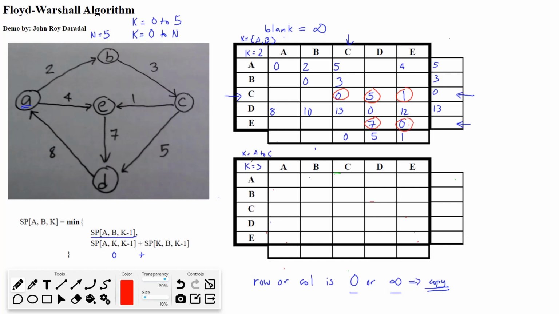And then in this row, for the columns, we'll also need to copy here, here, and here because those are infinity or zeros, right? So we'll copy this, here, everything here. So we'll only need to check actually how many? 6, right?